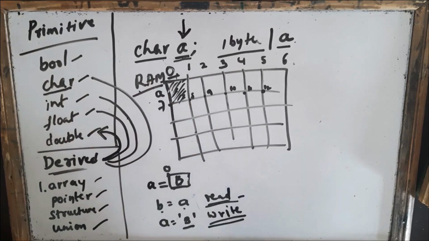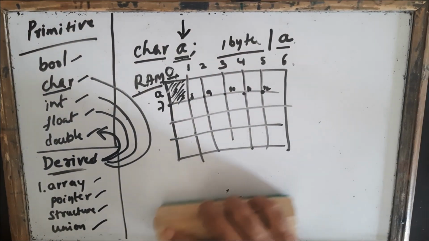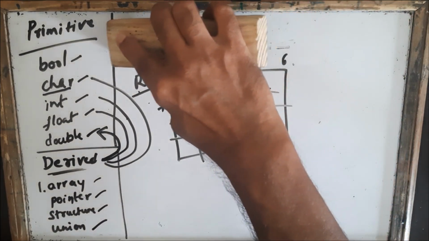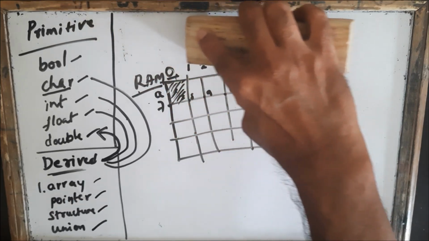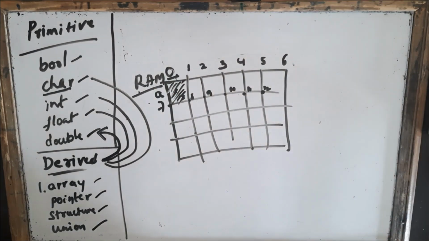So this is for the character A. That is how we do read and write operations. Normally we do two operations: either we write or read from the memory.